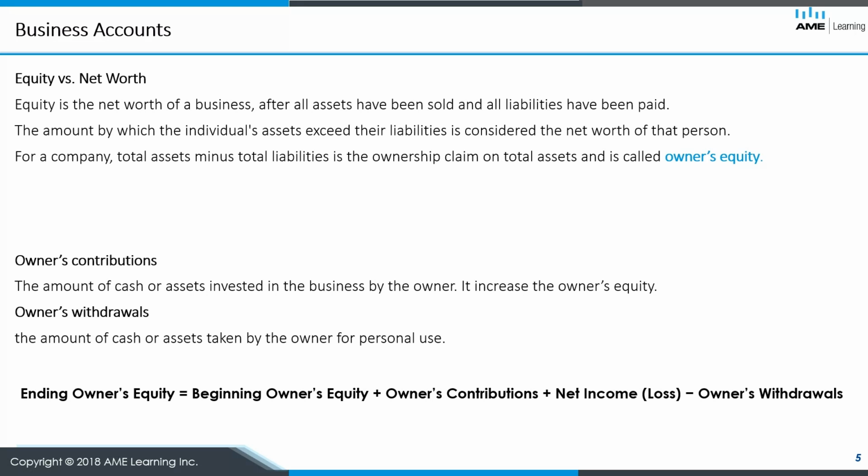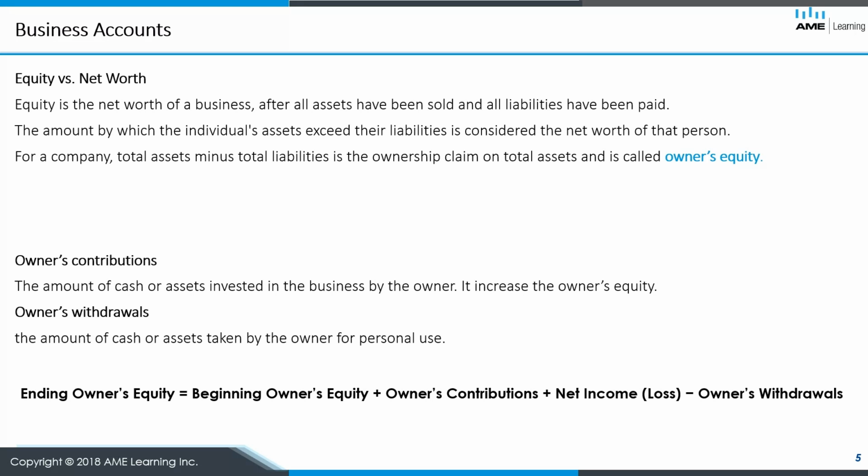So if the owner is putting money into the business, it's coming into the business's assets out of the owner's assets. And it doesn't have to just be cash that an owner could invest into a business. It could also be a vehicle or any asset, really. It just becomes the property of the business and is no longer the property owned by the individual, right? We'll practice with these with some examples in a bit.